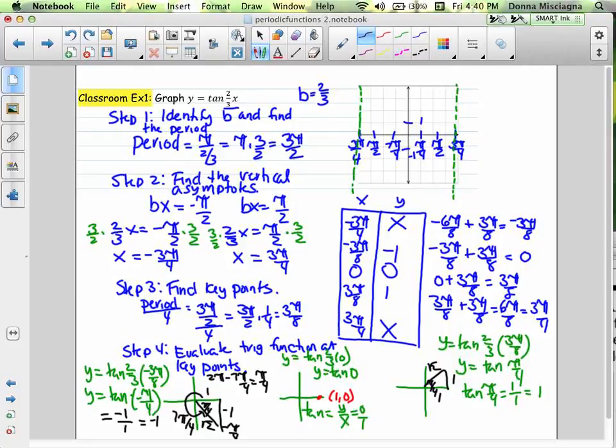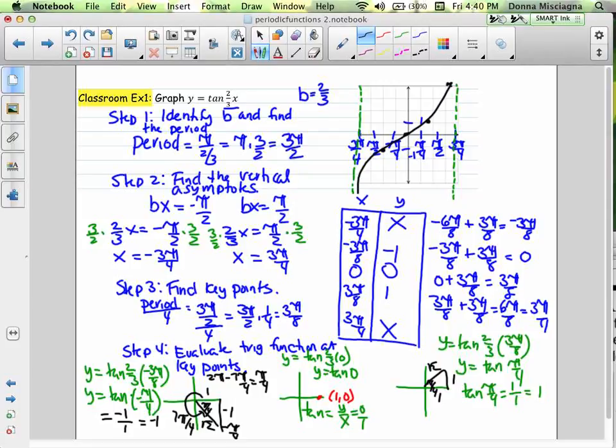We have negative 3 pi eighths, so that's halfway in between negative pi fourths and negative pi halves, and that's going to be negative 1 right here. Then we have the point (0, 0), and then we have (3 pi eighths, 1). So this would be our graph here.